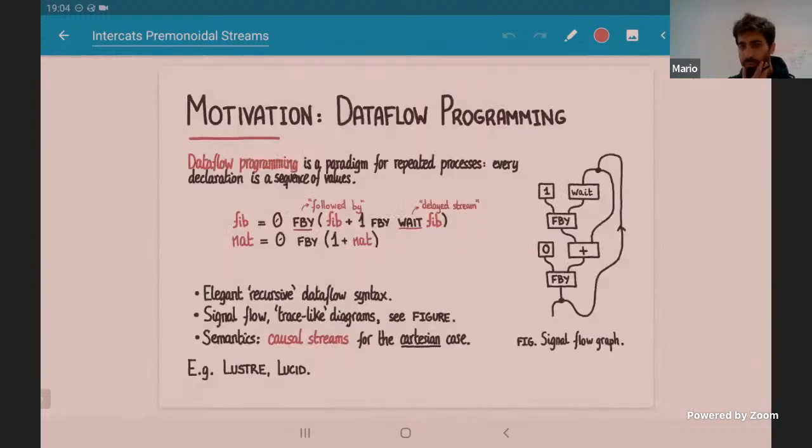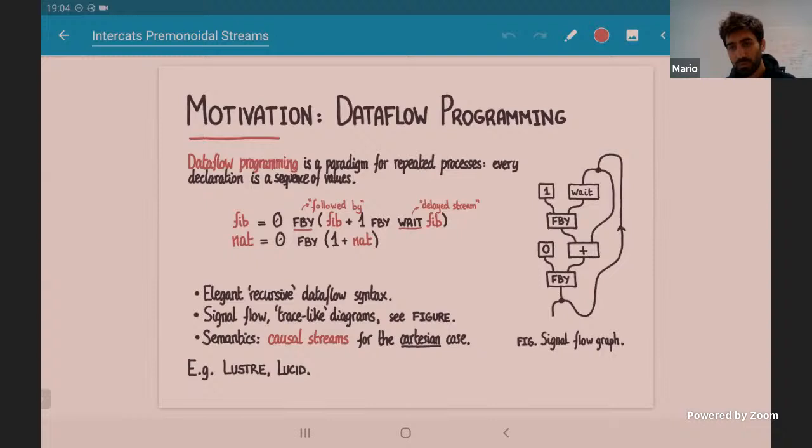The motivation from programming comes from a paradigm of programming that is called dataflow programming. In dataflow programming, every declaration is going to be a sequence of values. Usually when you do imperative or functional programming, you do a declaration and that has a fixed value. When you do dataflow programming, now every one of your declarations is going to define a sequence of values.